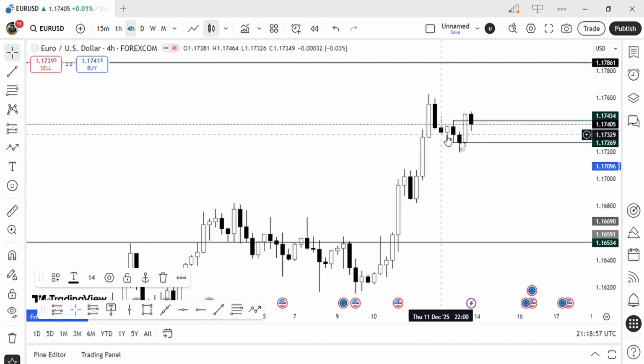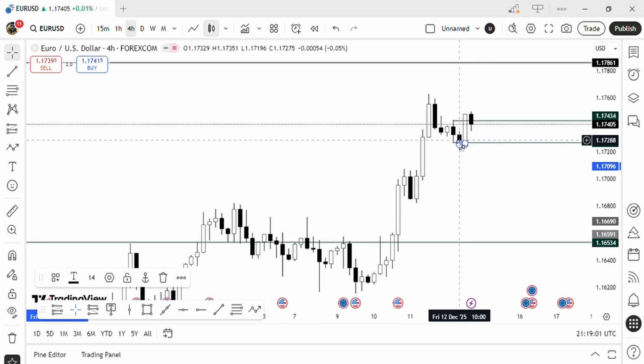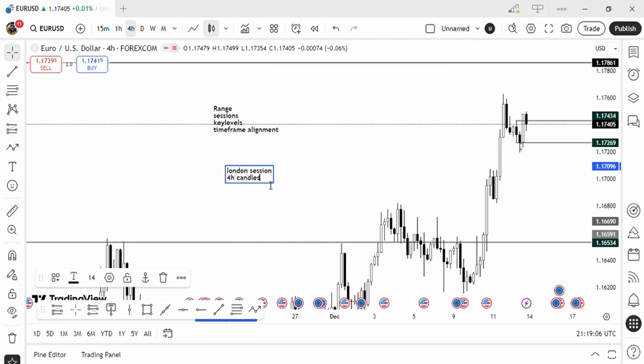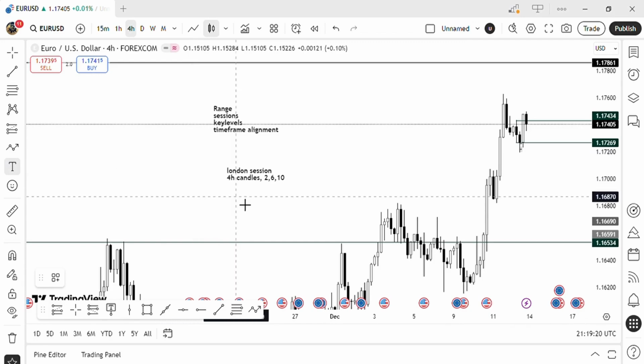Watch out for your 2, your 6, and your 10. Okay, 4-hour candles, 2, 6, and the 10.